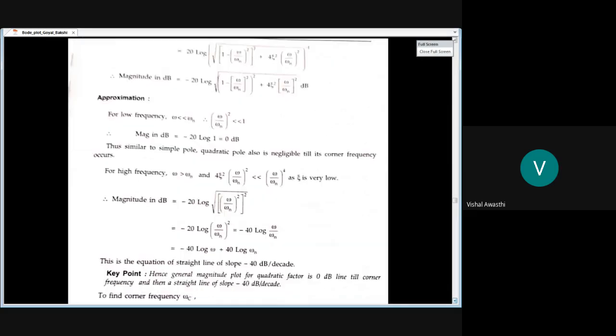So you will have your final answer as minus 20 log under root of (1 minus (omega upon omega n) square) whole square plus 4 zeta square (omega upon omega n) square. This minus sign is because this term is in the denominator.